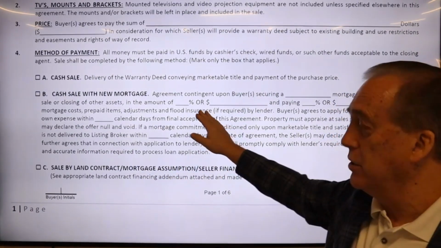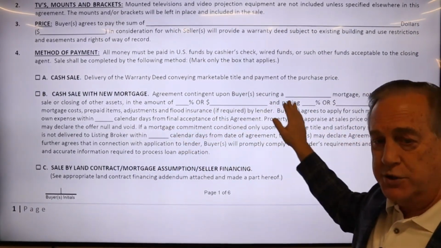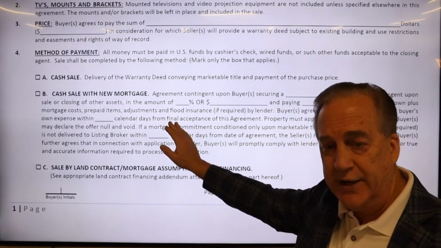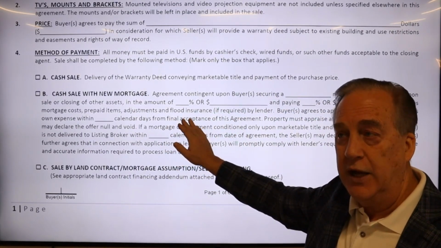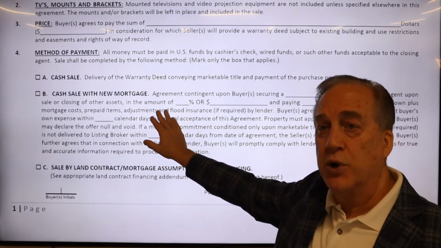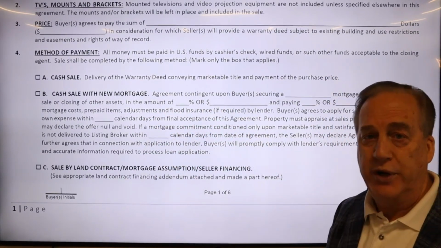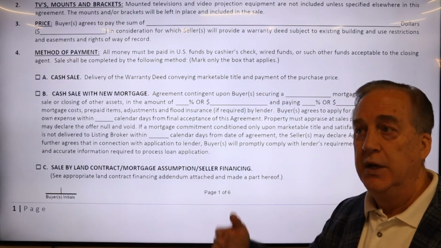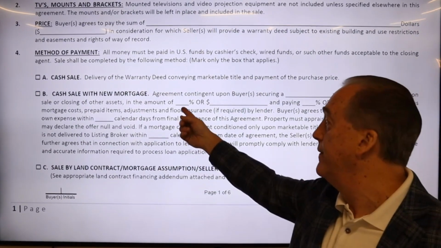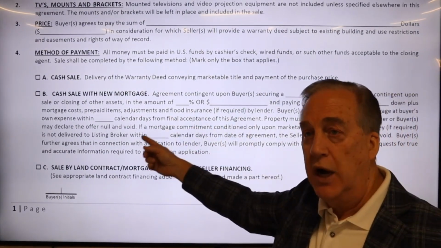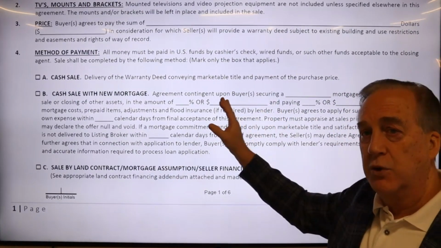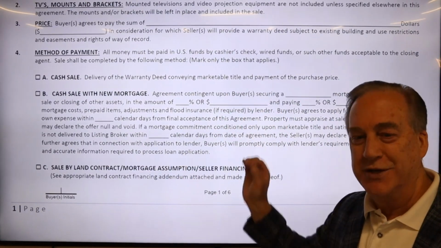So make sure that in completing our purchase agreements, we have this fully completed. And the other being that when we get purchase agreements on our listings, we do have a pre-approval letter, and that we do have all of the blanks on a purchase agreement completed so we know what the contingency truly is.